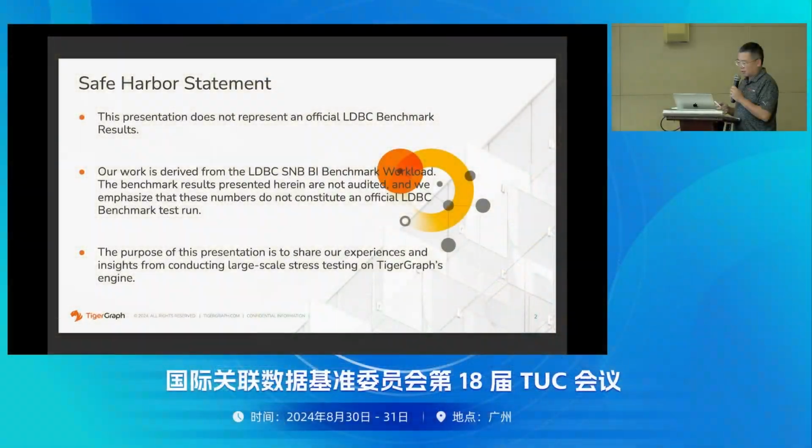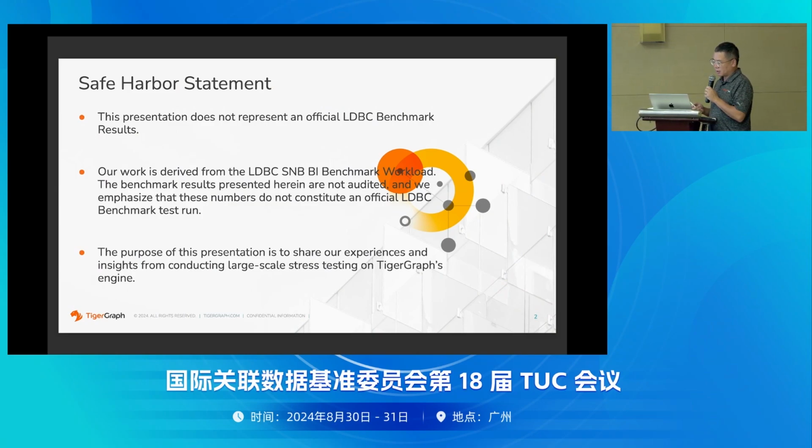So this is about a benchmark we are using, the LDBC SNB dataset and workload. This is derived work from LDBC, and this presentation does not represent official LDBC benchmark results. Our work mainly relies on the LDBC SNB BI benchmark dataset and queries.